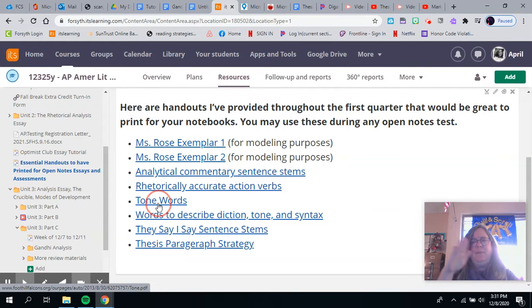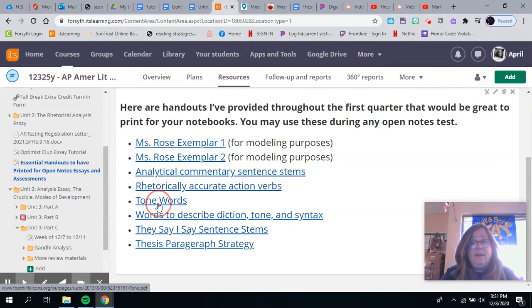Some of you are building whole paragraphs around tone, and you're writing yourself into a hole, focusing on this one small part. It starts to move you away from that complex purpose. So I often like to talk about tone more as a result of, and less as a strategy itself.